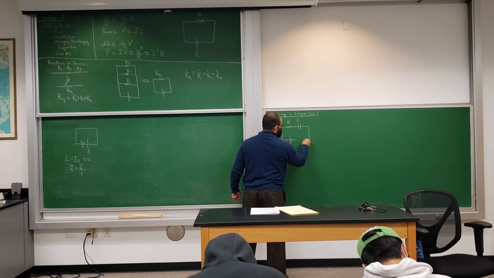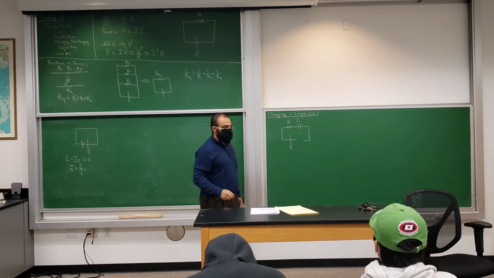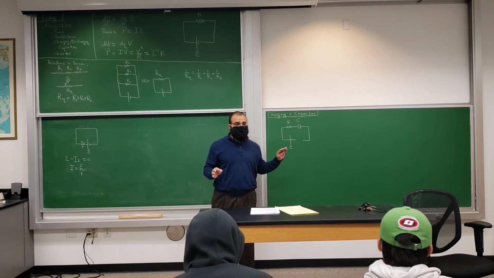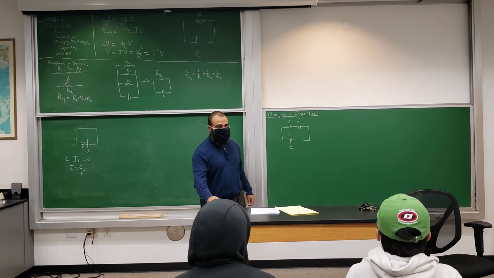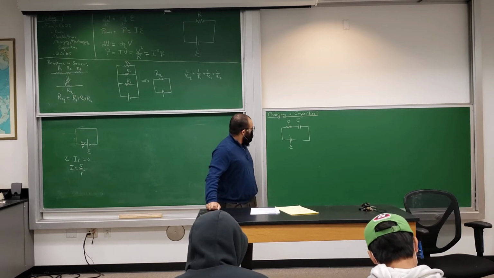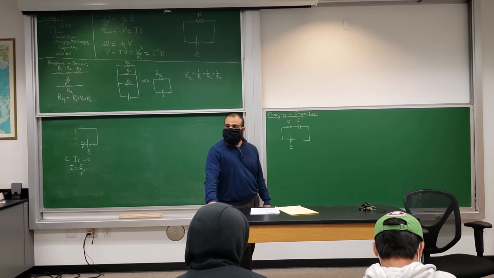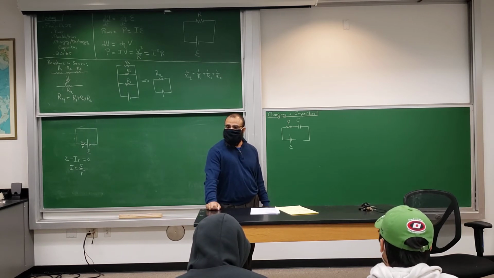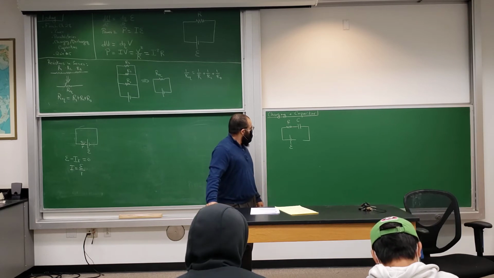The circuit is open, so the capacitor is completely discharged at the beginning. It has no charge in it or on it. So what's the initial charge on the capacitor therefore? Zero. What's the initial potential difference between the capacitor plates? Zero. So there is nothing on the capacitor.